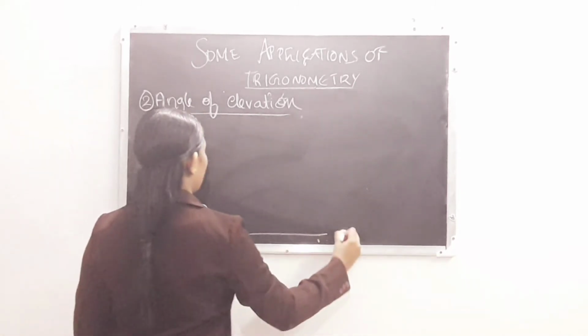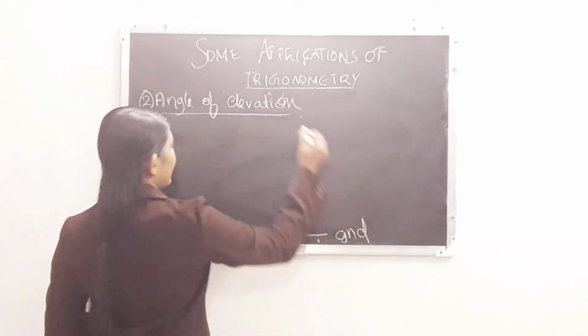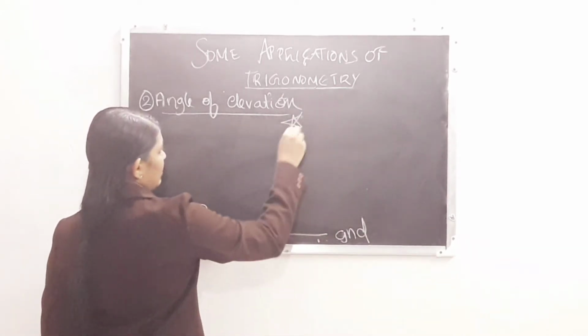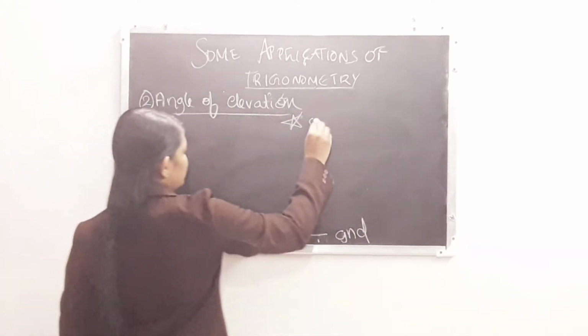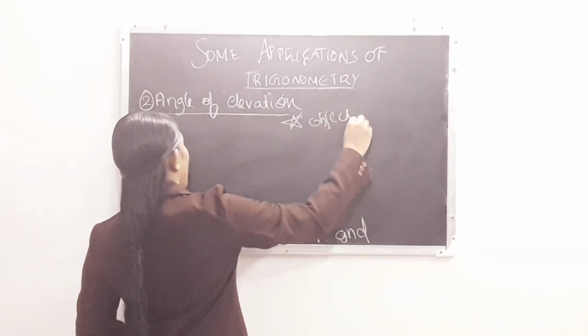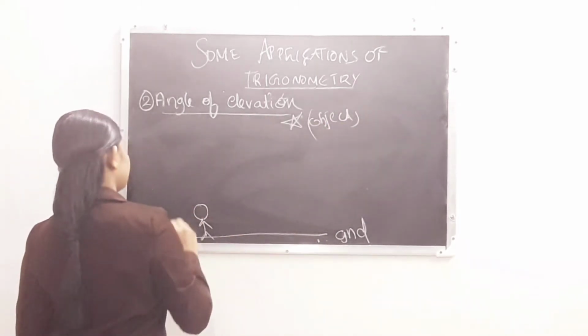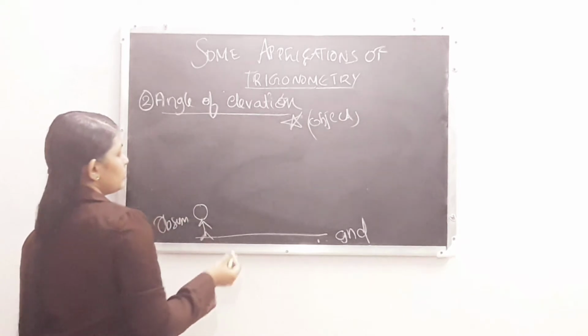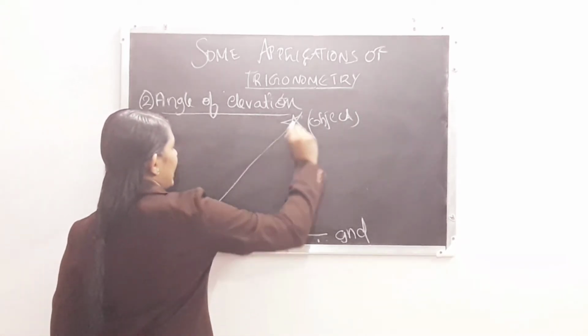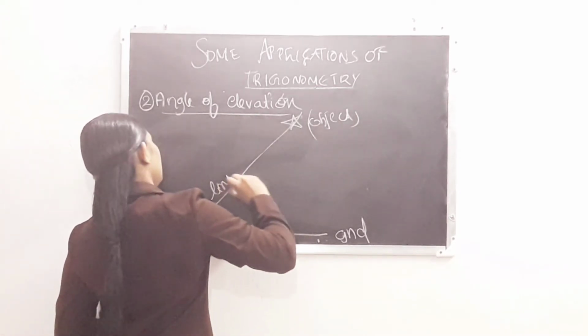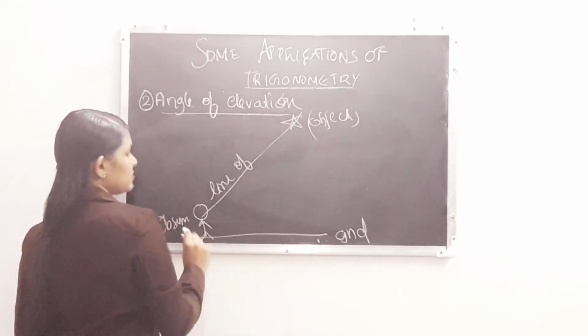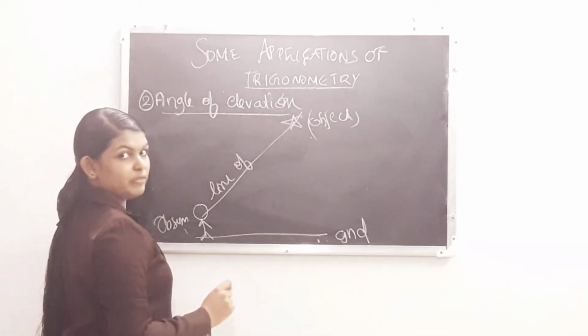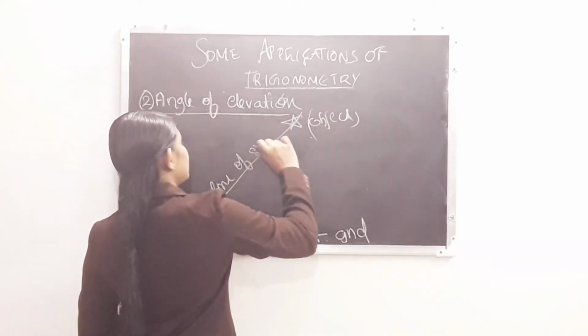He is again observing a star in the sky. So this is the object which is being observed and this is the observer. And we already know that this is the line of sight, because it connects this observer and the object which is being viewed.